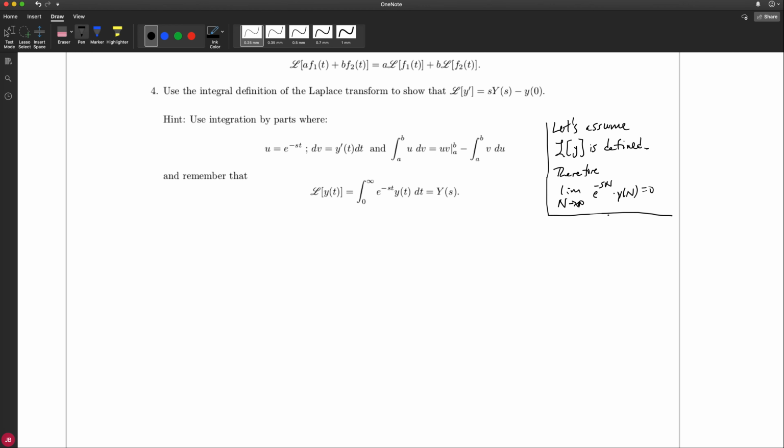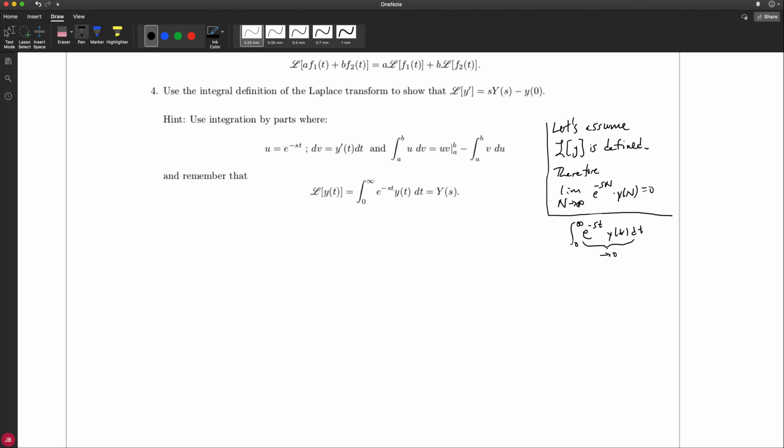The reason that this must hold is because if you think about it, what goes inside the integral of the Laplace transform of y? Well, it's this, right? And so if this doesn't go to 0, there is no way that the integral is going to be finite, right?